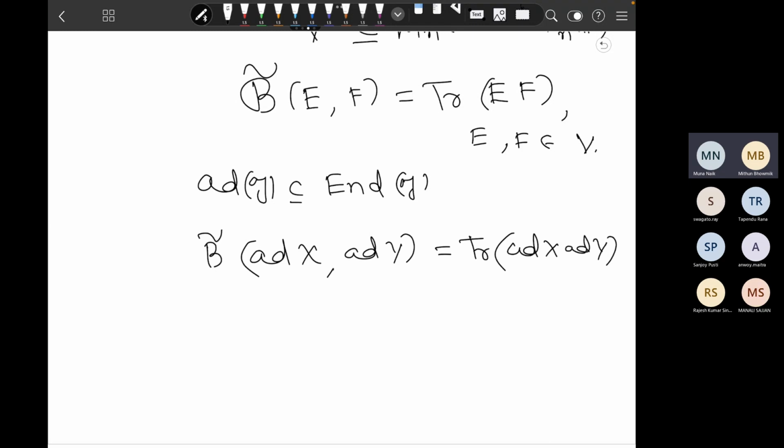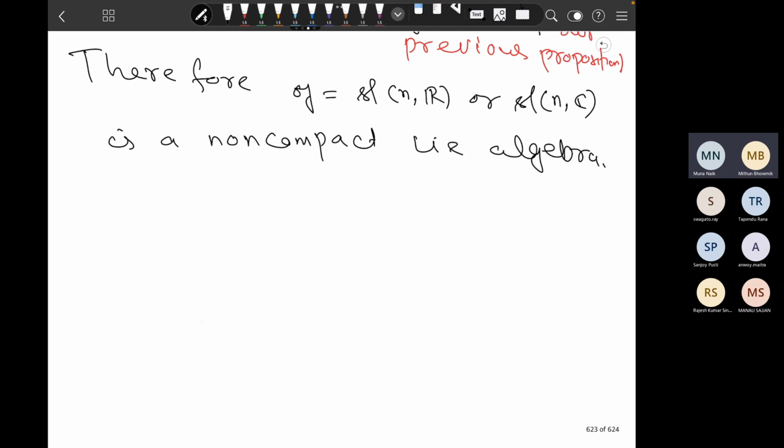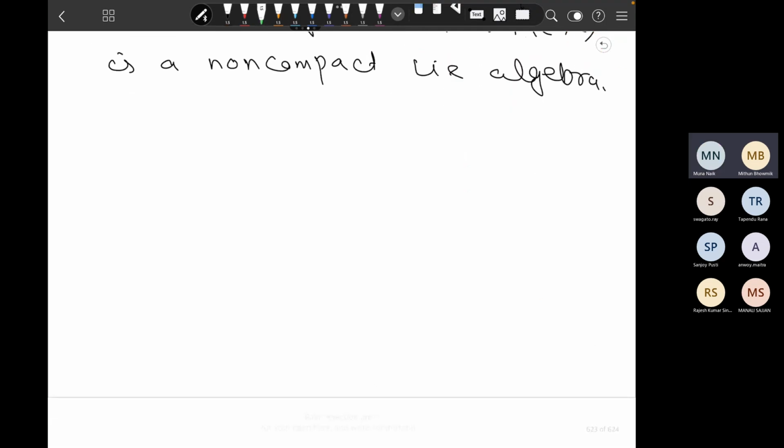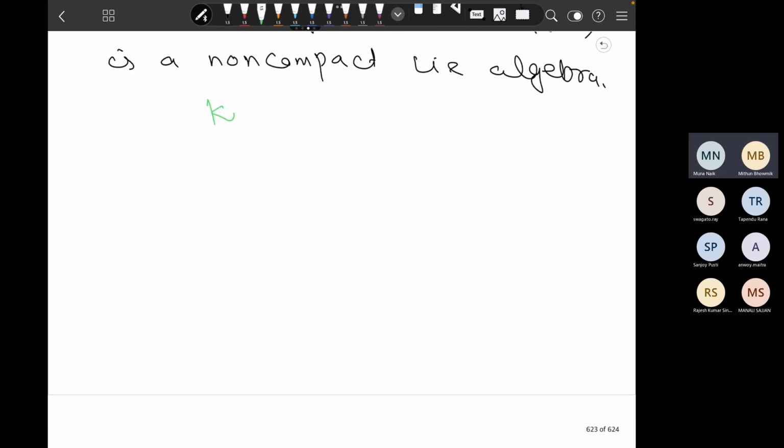You can use that to produce a bilinear form on the Lie algebra G, called the Killing form. B of XY is the trace of RX RY, and this is a very important bilinear form.